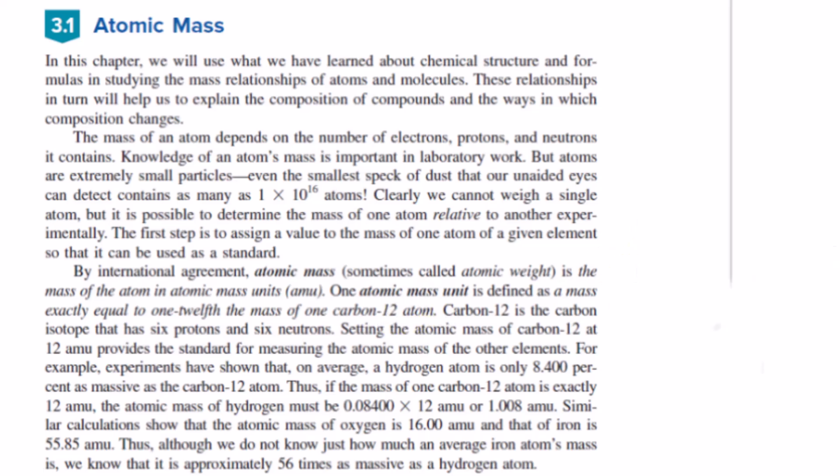So what they do is work with these relative masses to make it easier to specify masses at the atomic level, even if they're relative masses. They would say this hydrogen isotope with mass number 1, we're going to assign this a value of 1.